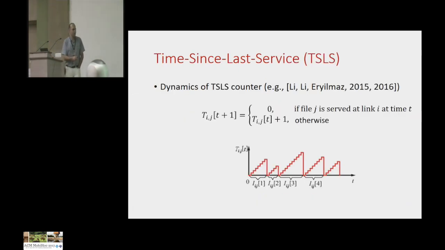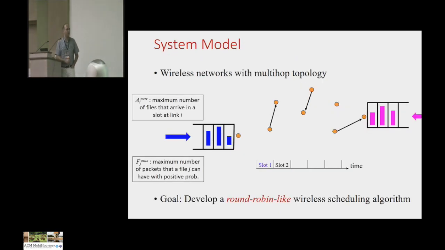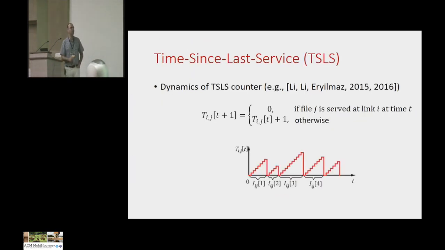So how do we run this round-robin-like policy in this general context? It is driven by a metric we call time since last service. This is a metric we introduced before and analyzed, but with additional add-ons to it. Now we're just purely looking at this metric, which is much more challenging on its own.